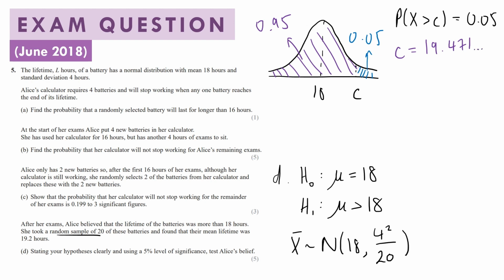And we can see that Alice's value, 19.2, is less than the critical value.